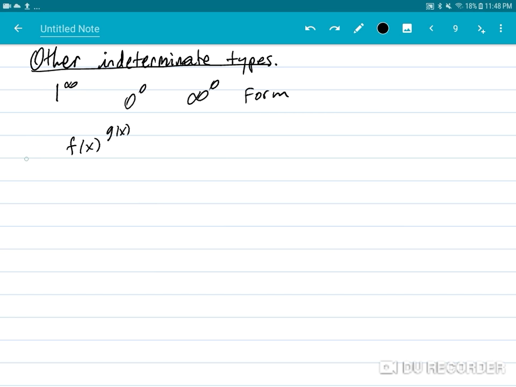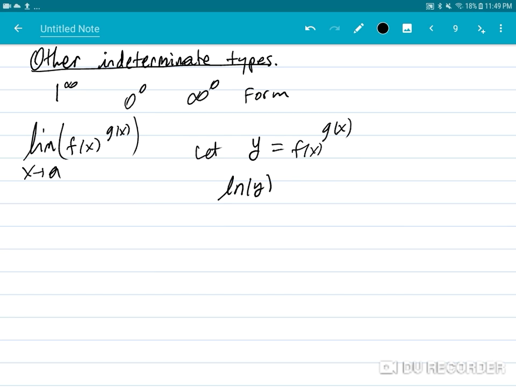So to take the limit of these forms as x approaches a, what you do is let y be f of x to the power of g of x, and then take the natural log of y.